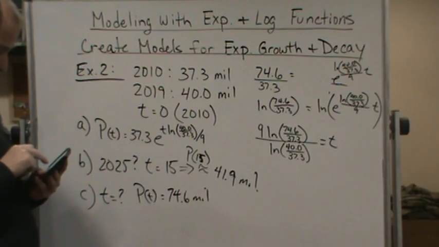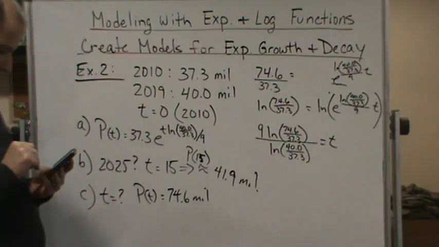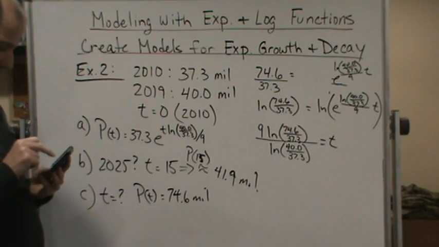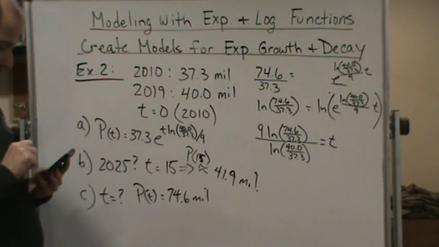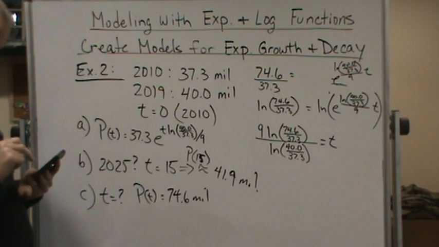So the natural log of 74.6 divided by 37.3, and then I'm going to multiply that by 9, and I'm going to take that entire thing and divide by the natural log of 40.0 divided by 37.3. Now I'm going to hit equals.